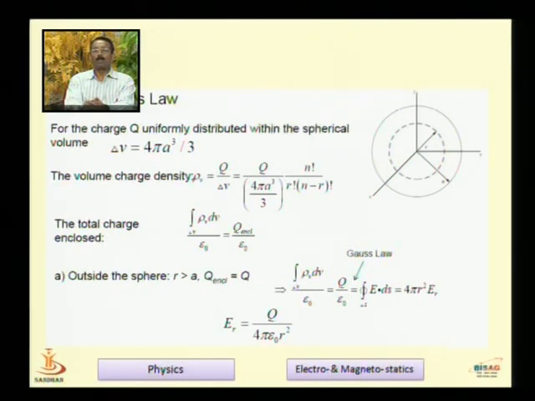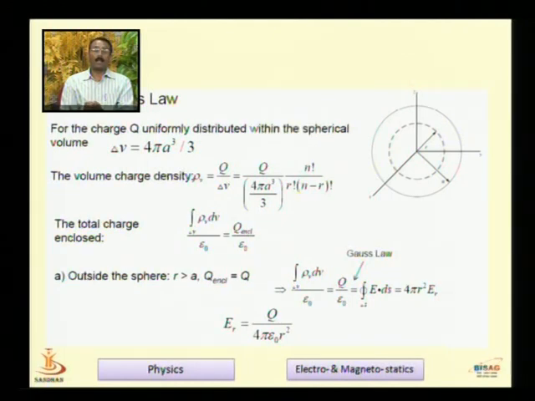Then one can compute electric field outside the sphere as well as inside the sphere using Gauss law. So you can see, outside the sphere, where A is the radius of the sphere.